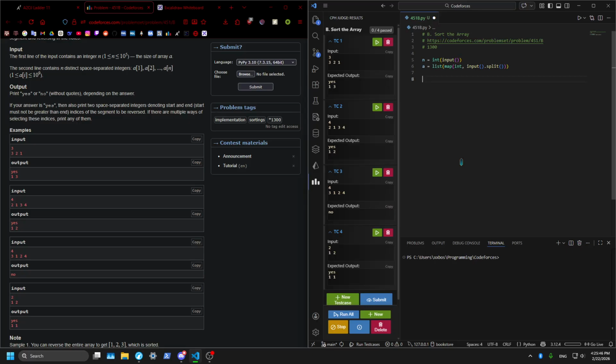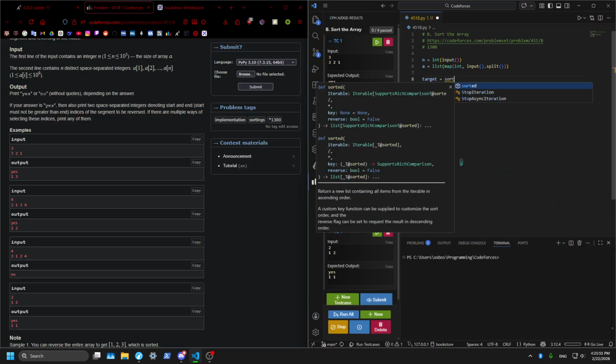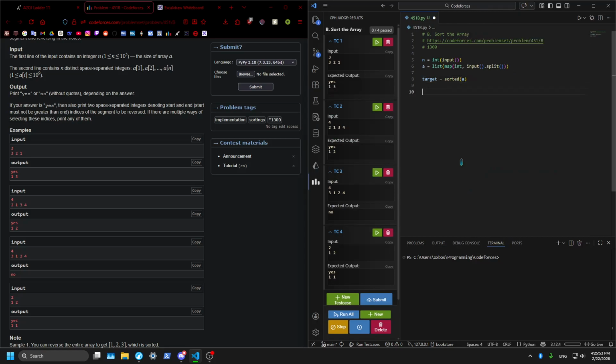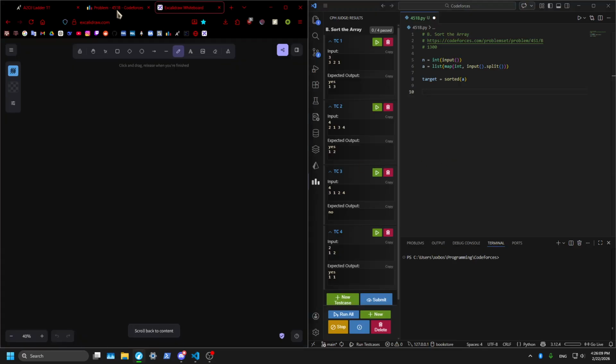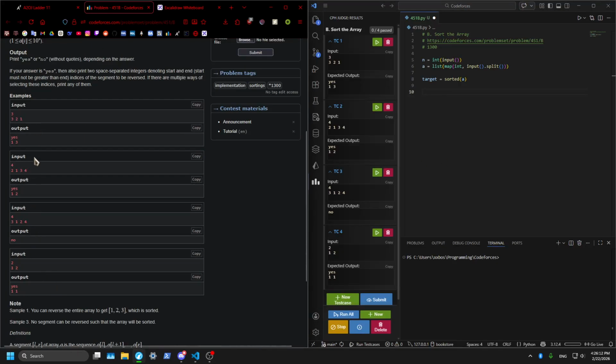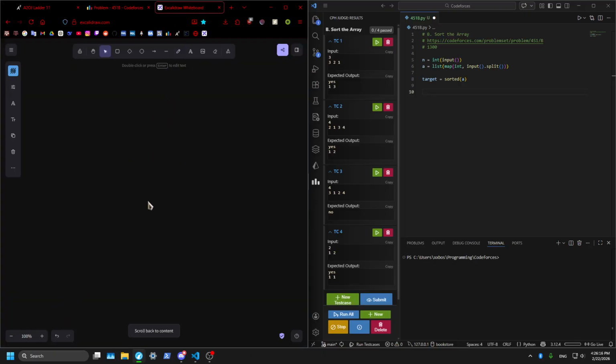Well, okay, so we have our target array, which equals sorted A. Let's pick this case here. We have our sorted array.